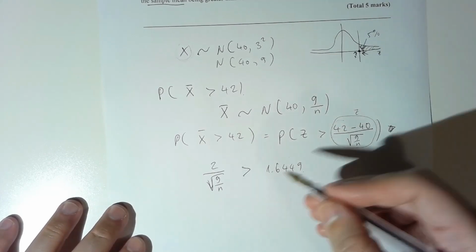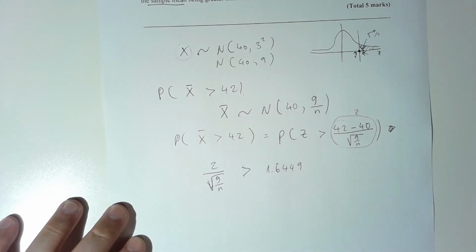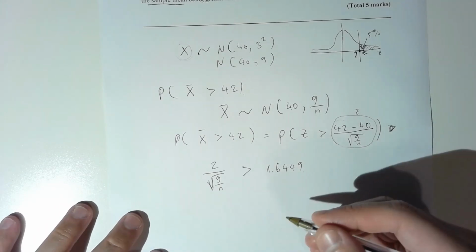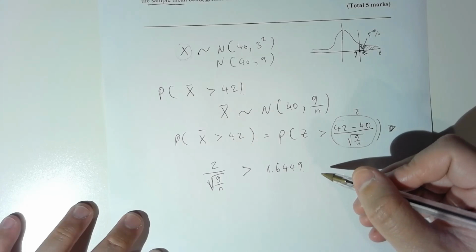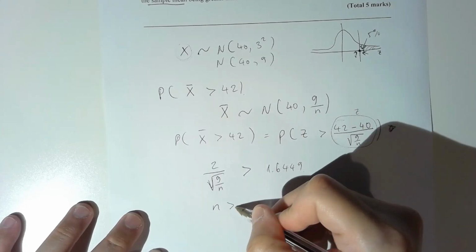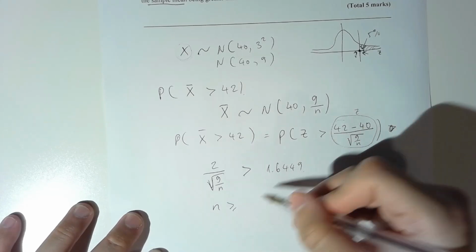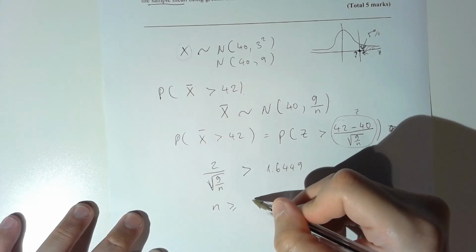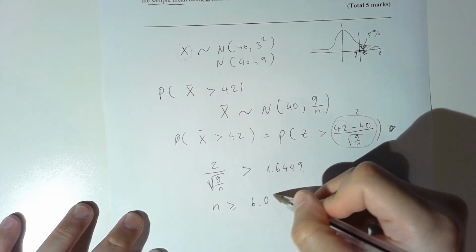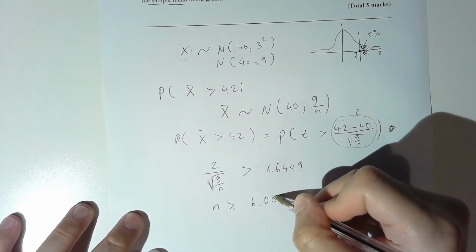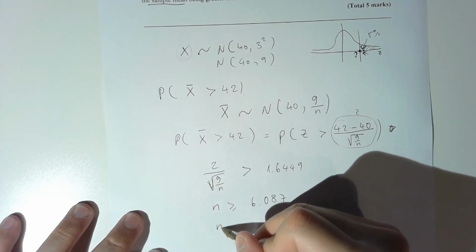So work it out from there. Using a calculator, it equals 2 times the square root of n over 3, bigger than 1.6449, so n should be bigger than 6.087. Then I should have n equal to 7.